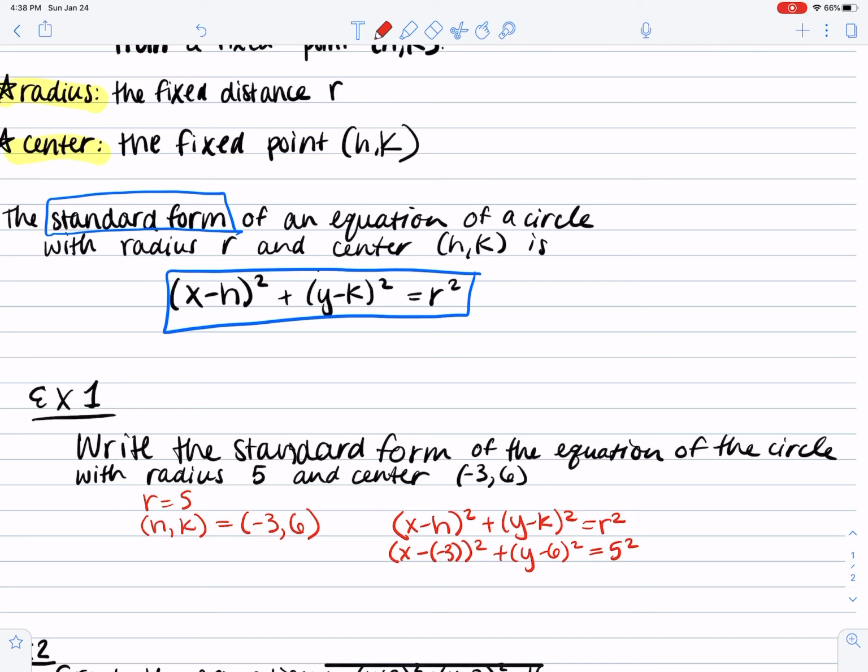And then you want to simplify the inside of the parentheses, but you want to leave it in that same form as your final answer. So our final answer is going to be (x plus 3) squared. Get rid of that minus -3. Okay, and you want to leave it in this form and not multiply everything out, because that is standard form, and that's what we're learning today.